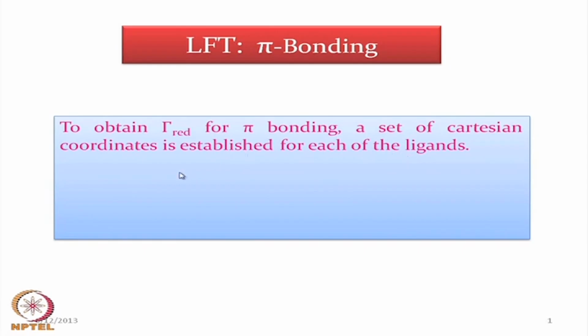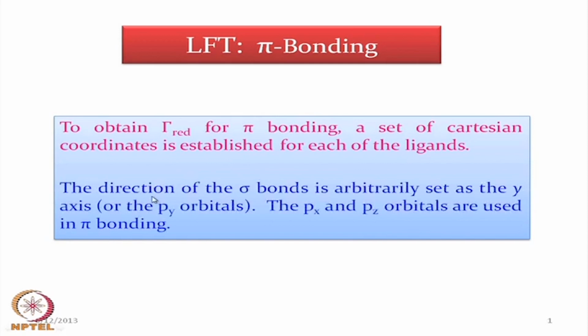We have already spared one orbital from each ligand, such as the corresponding py orbital, for the sigma type of interaction. So, the remaining orbitals and their Cartesian coordinates can be utilized to know their symmetry for pi bonding interactions with the metal centers.